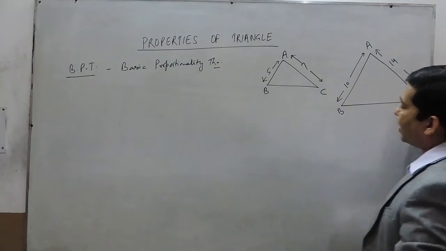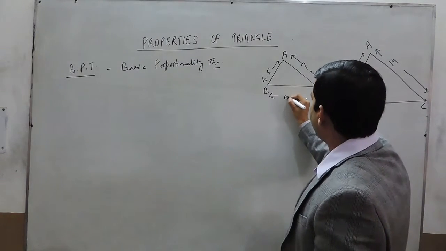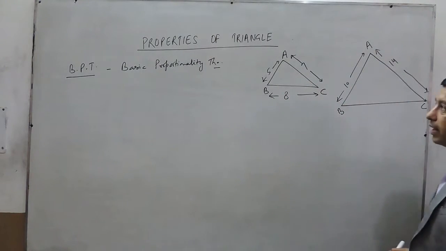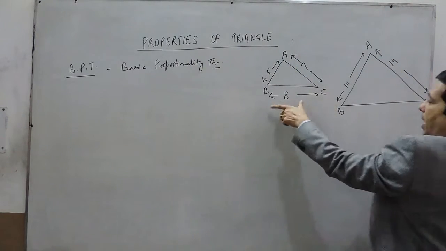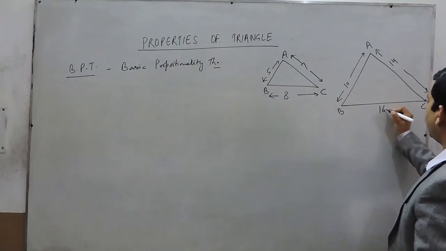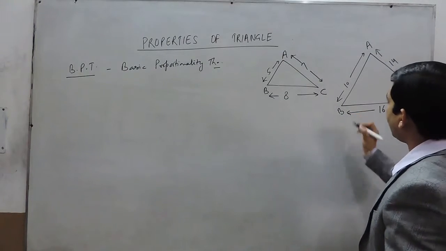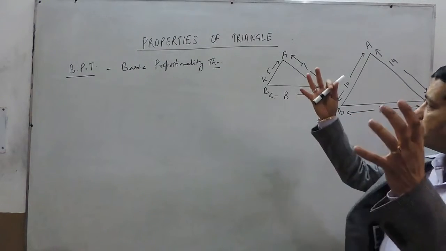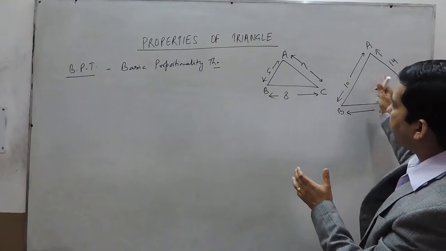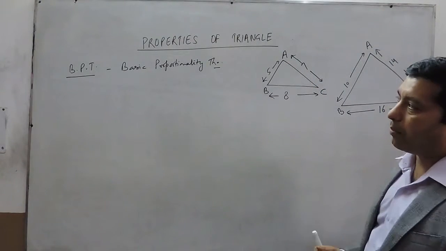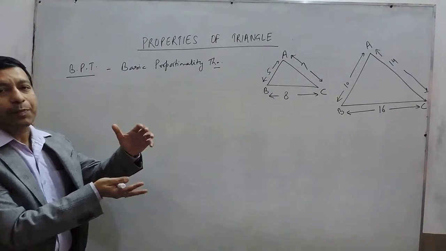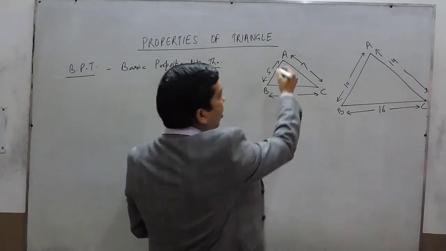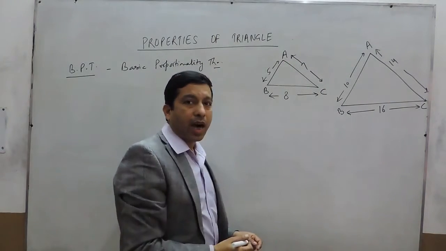Now the question is, what is the length of BC if here the length of BC is 8? Definitely, if AB is double and AC is double, then BC will also double and become 16. So if we magnify something to double, all the sides will become double. Or if we diminish it by half, all the sides will become half.